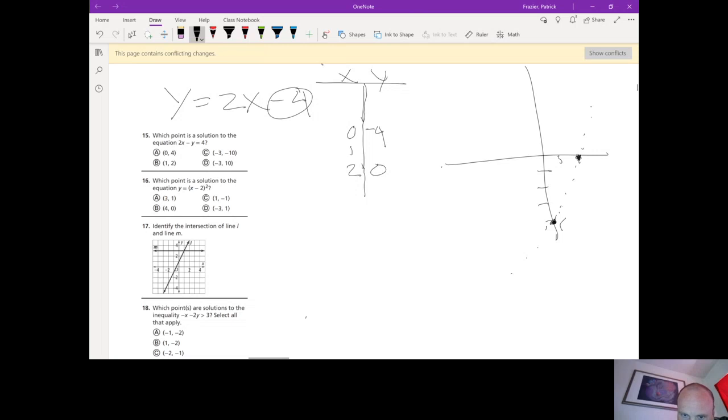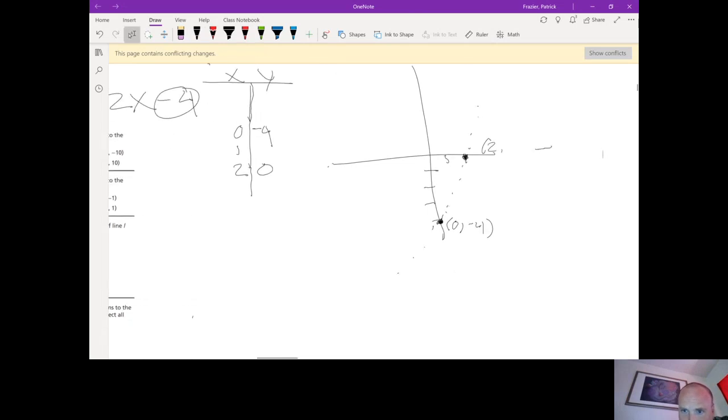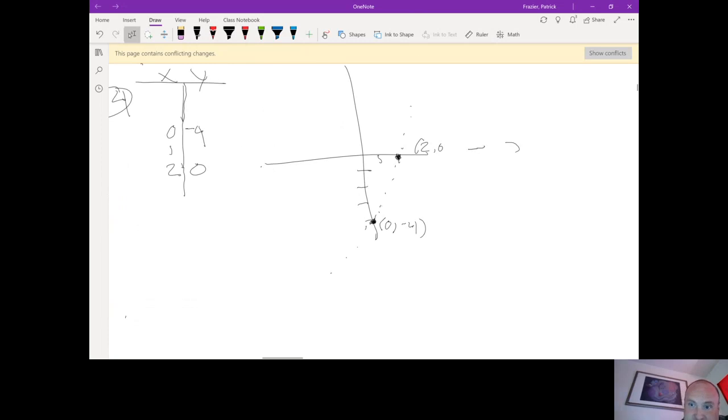We have an ordered pair at 0 and negative 4, and at 2 and 0. Any other point on this line is also an ordered pair.